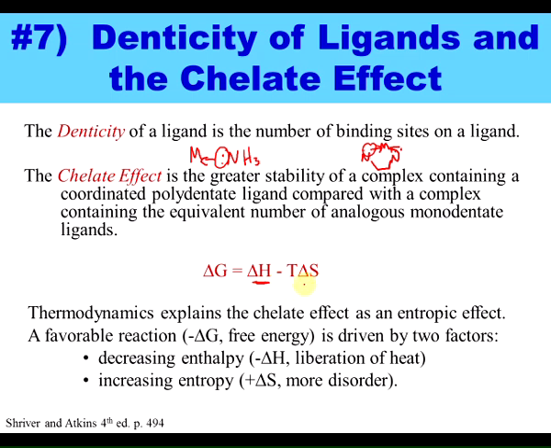But it's going to be the entropy that affects the stability of that complex. So if we increase the entropy of the system when we bind our ligands to the metal, this is going to make this term more negative. So if delta S goes up, and this is a negative term, delta G is going to become more negative. That means more spontaneous. And the more spontaneous that reaction is, the larger the equilibrium constant associated with it.